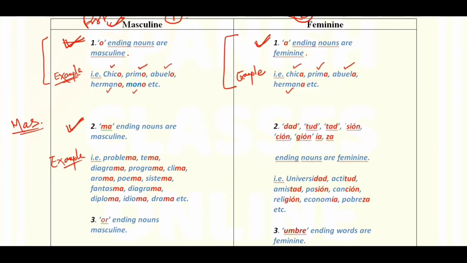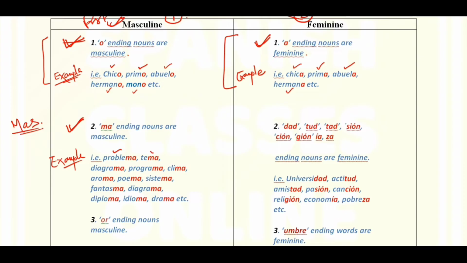Example: problema, problem; tema, topic; diagrama, diagram; programa, program; clima, climate; aroma, smell; poema, poem; sistema, system; fantasma, ghost; diploma, diploma; idioma, language; drama, drama. These are examples.